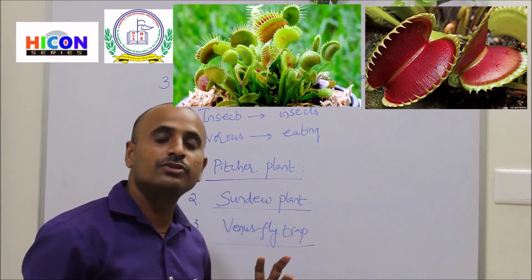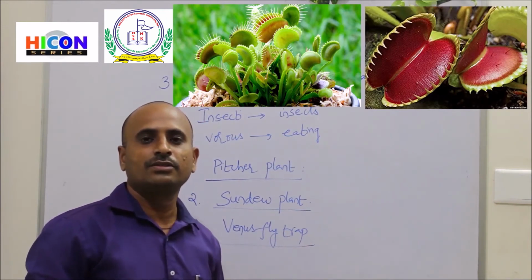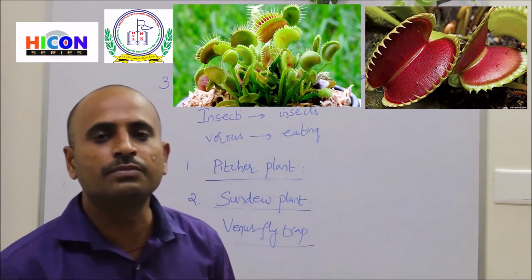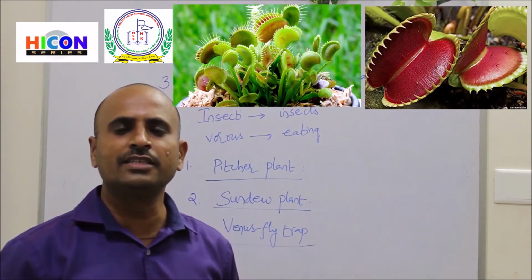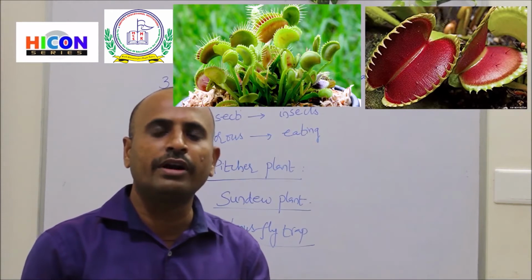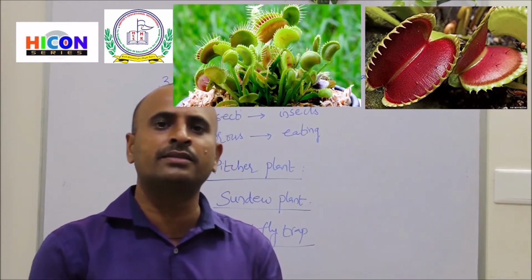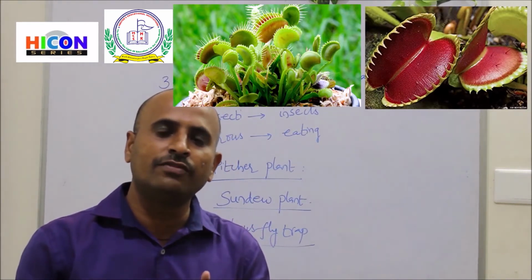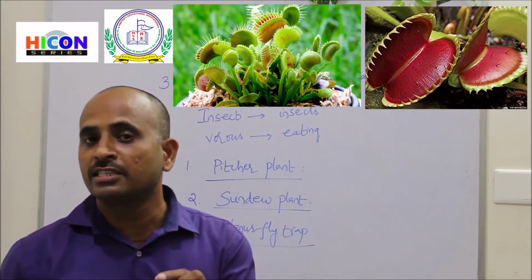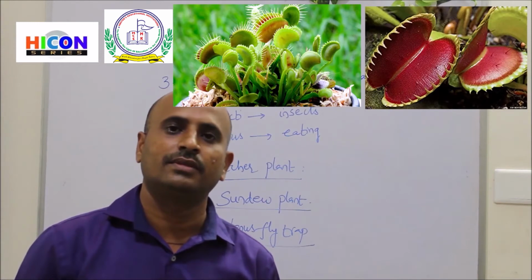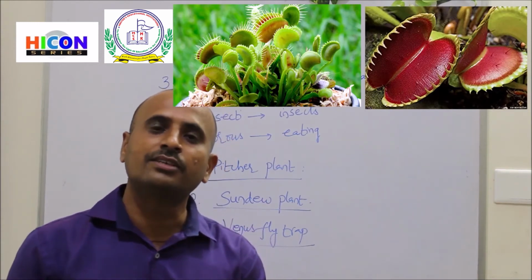This plant also eats insects. So look at the picture. You are observing two blades. That means in these plants the leaves are modified into two blades. At the edge of each blade you are observing spike-like structures.